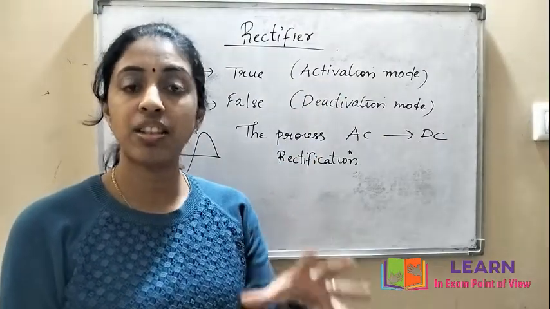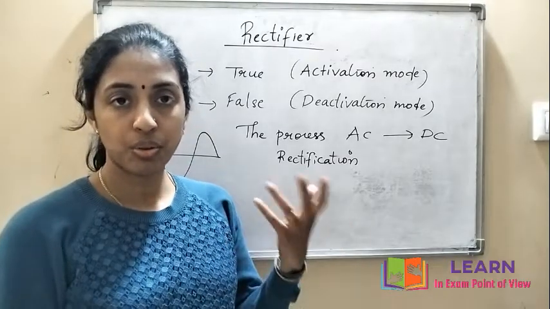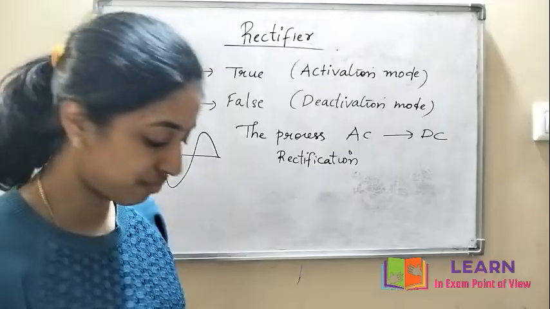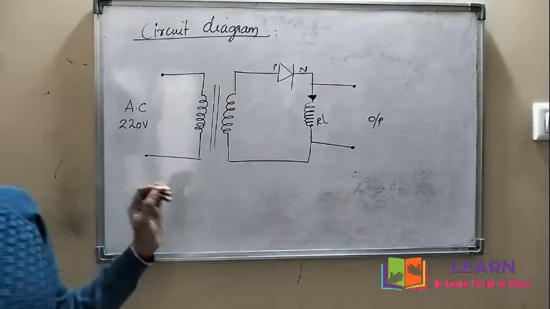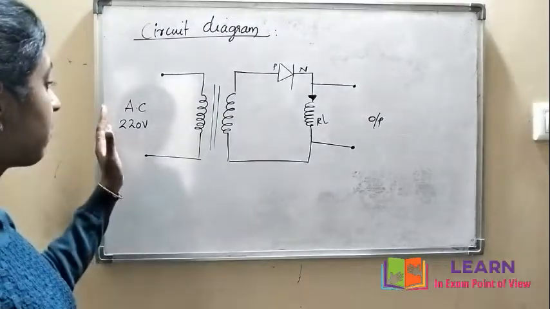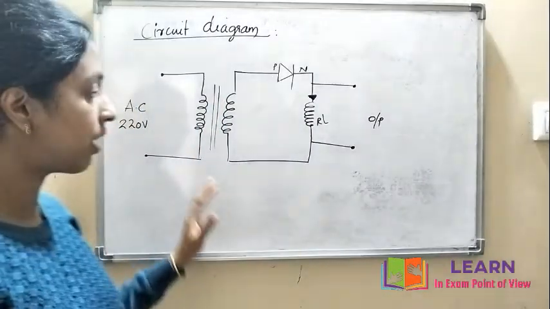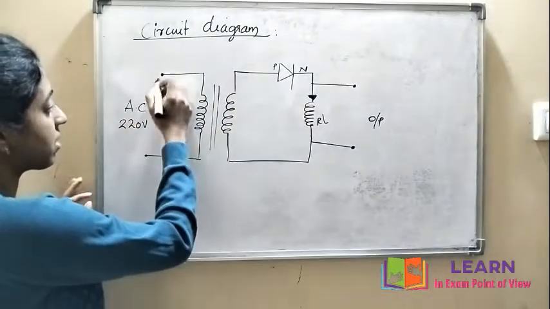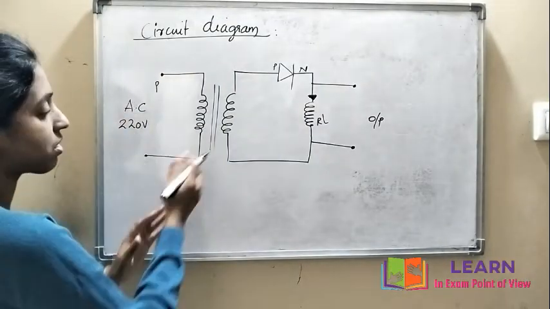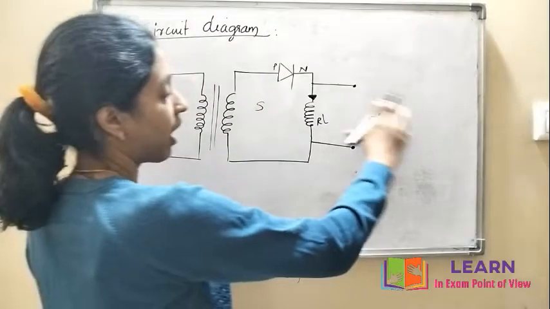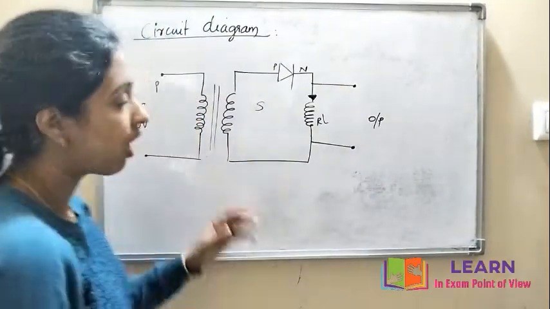Next we need a circuit diagram, through which we will explain the process of rectification. So this is our circuit diagram. Here this is a transformer. We have the primary section where the input is given, and this is the secondary coil from where the output is produced.